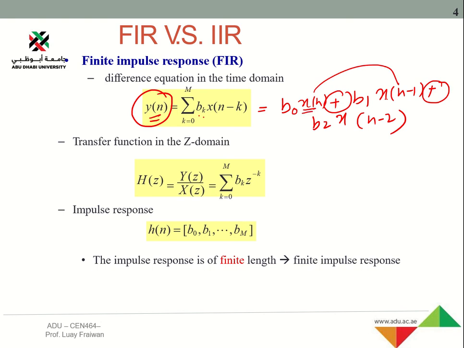I have the input, then I have it shifted and multiplied with a coefficient, another shifted and multiplied with another coefficient. So by just taking the recursive computation of the current input and the previous input samples, we can get our output.